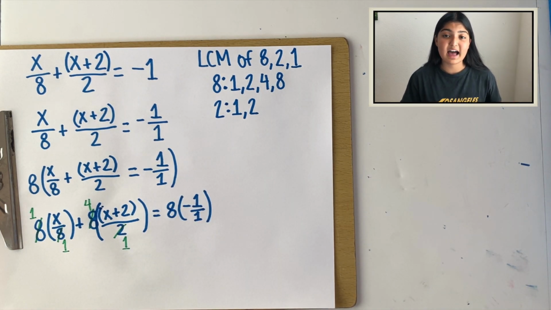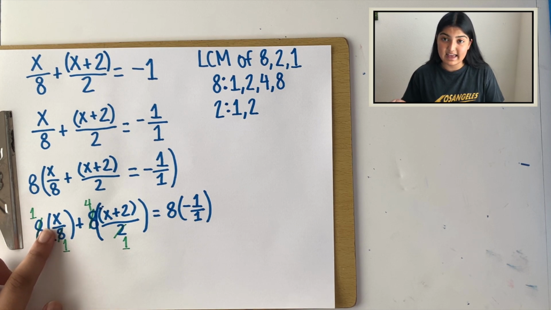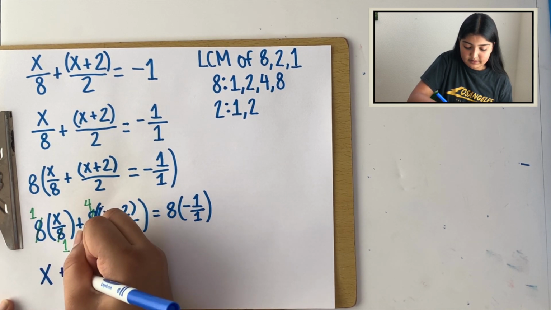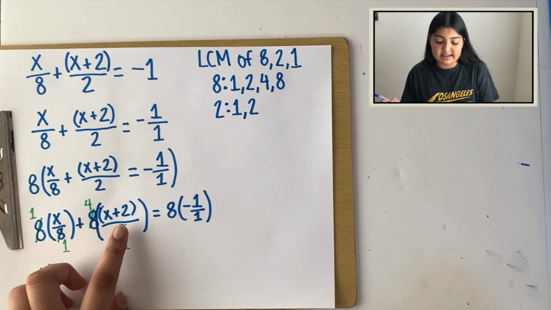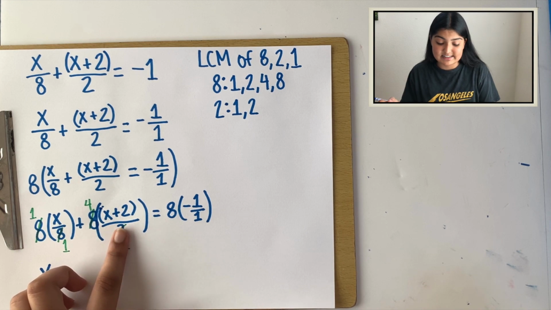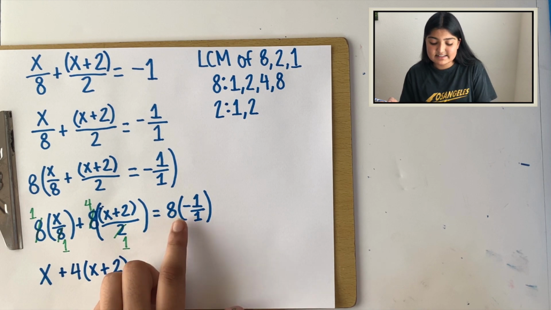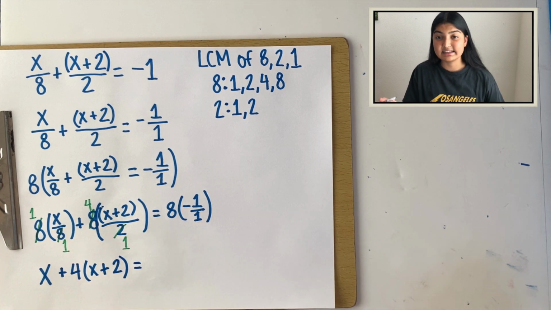Now, let's multiply everything and write this down. 1 times x is simply x, plus 4 times x plus 2. Remember to use the parentheses. And 8 times negative 1 over 1 is simply negative 8.